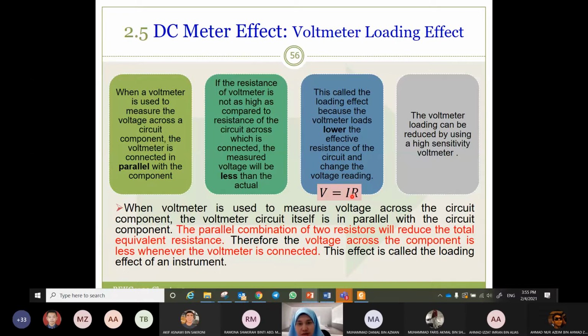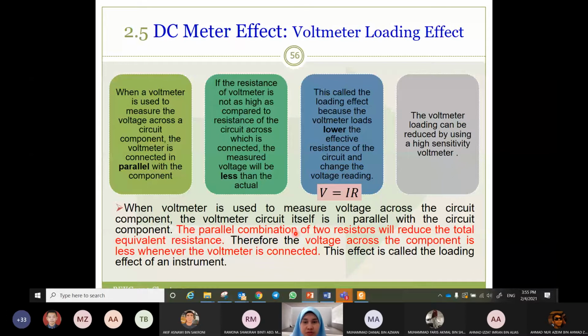When we connect a voltmeter at the resistor that we want to measure, R become R equivalent. R equivalent is less than the actual R, that 10 ohm. So if R is lower, V will be lower as well. This is Ohm's law. When a voltmeter is used to measure voltage across a circuit component, the voltmeter circuit itself is in parallel with the circuit component.